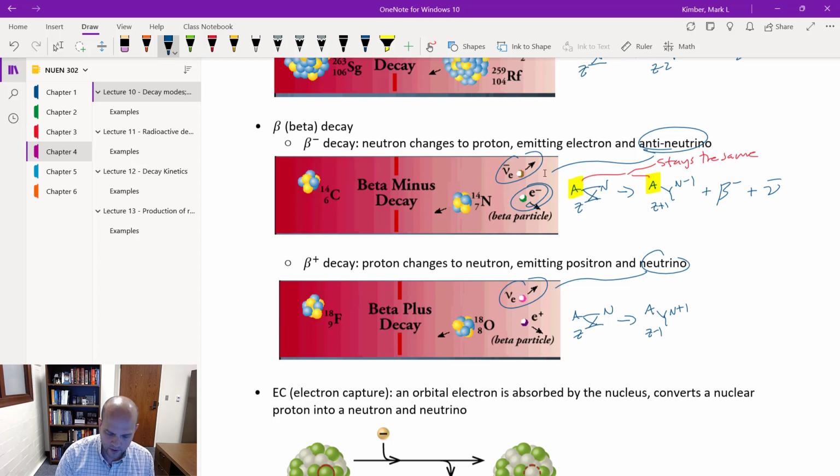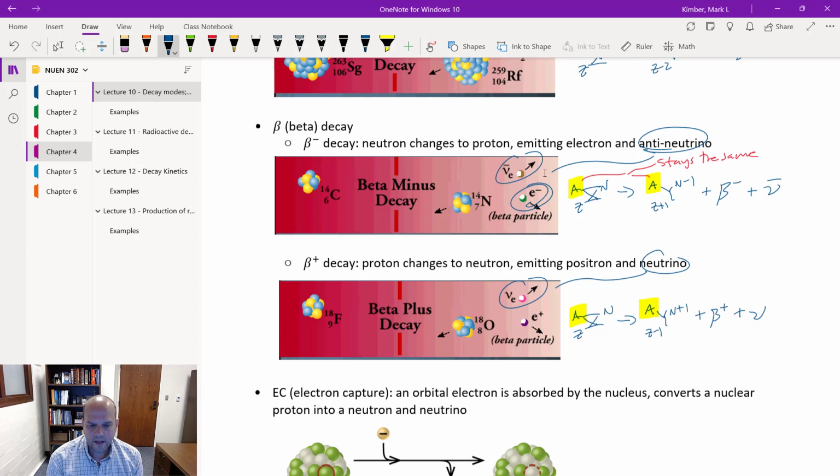But again, the total number of nucleons stays the same, just like it did with the beta minus decay. And the remaining components on the product side are going to be my beta plus particle and then a neutrino. And the beta plus particle is going to have the same mass as an electron. It's just going to have a charge of +1 instead of -1.